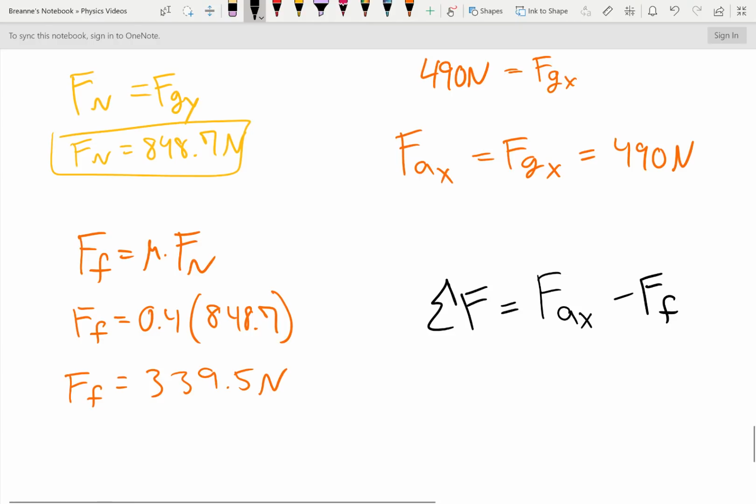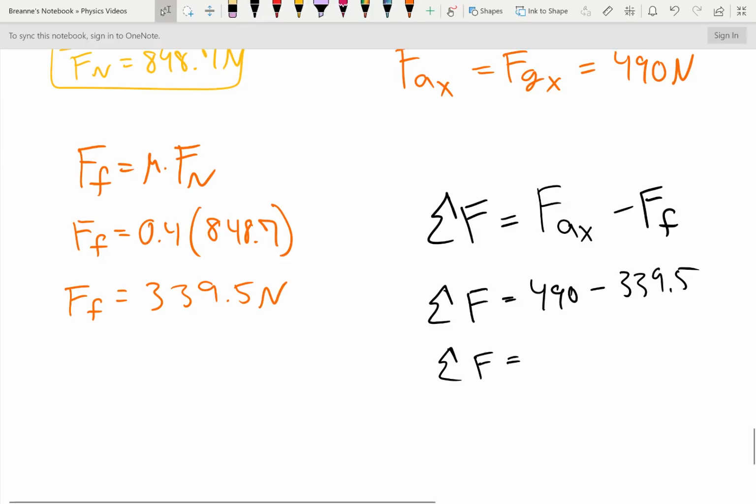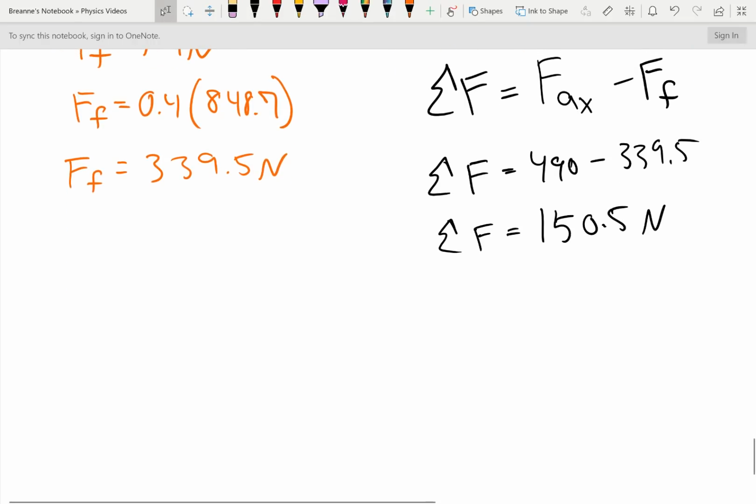That's going in the opposite direction, so you just subtract. So our net force would be 490 minus 339.5. You subtract those, and you get 150.5 newtons.